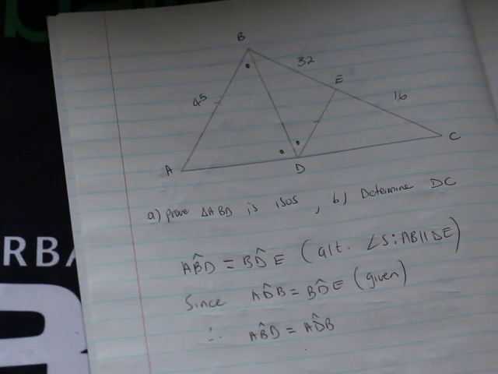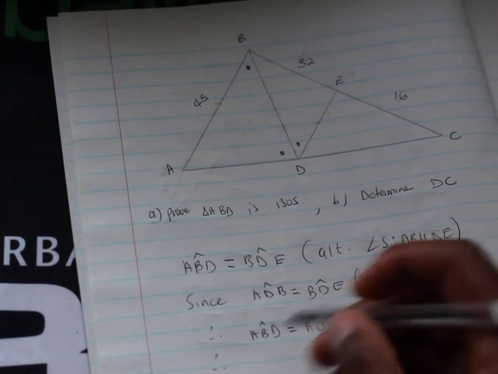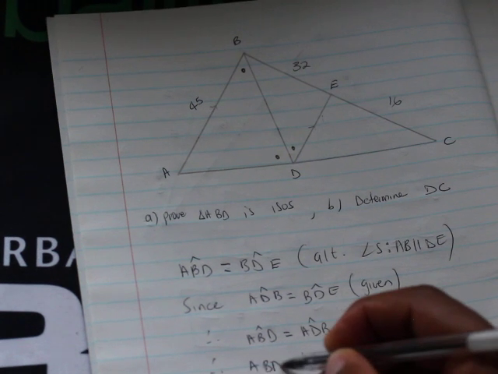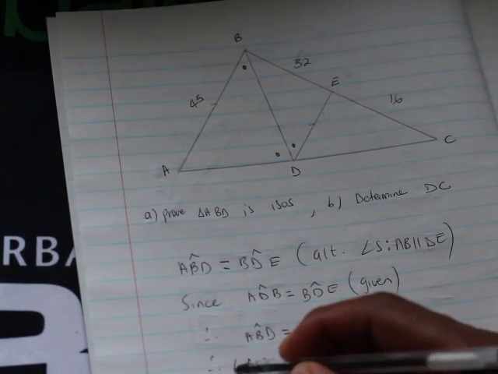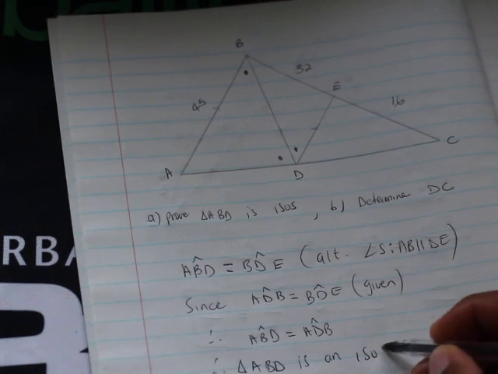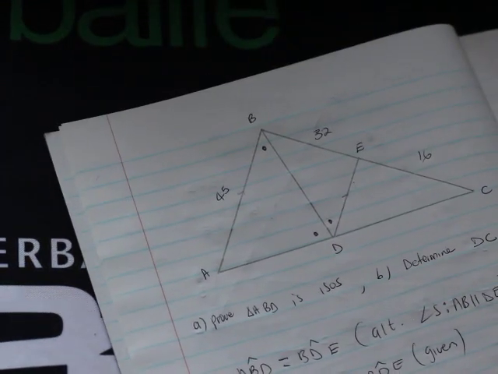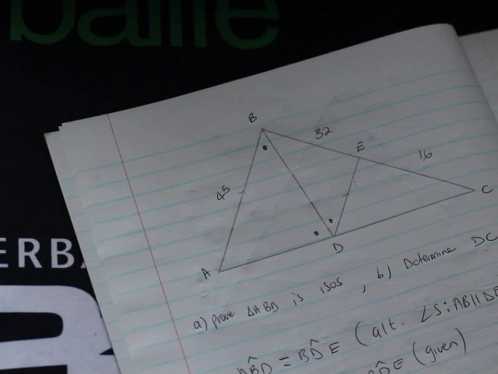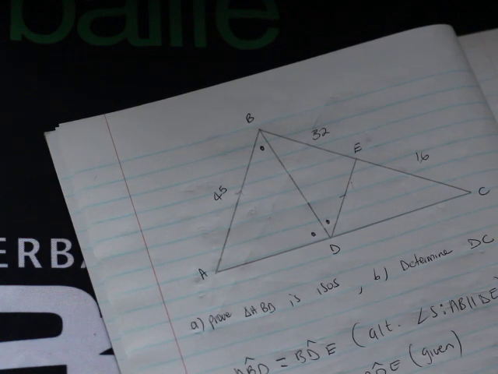So that's that. And therefore triangle ABD is an isosceles triangle. Okay. Now, what are the implications of the triangle being isosceles, right?